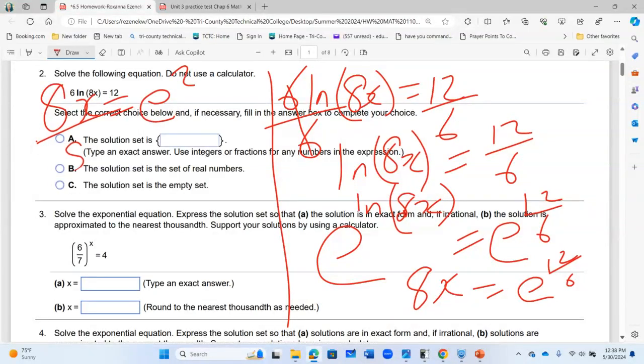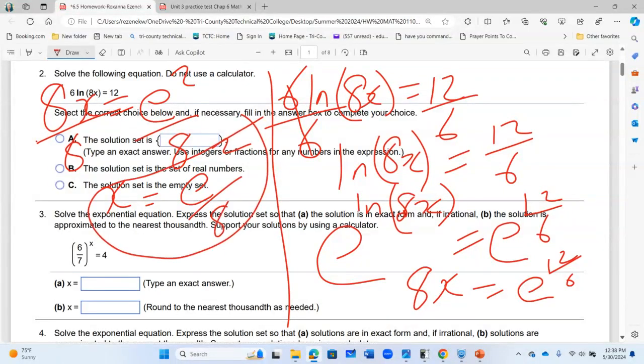Divide both sides by 8, and x is equal to e squared over 8. I can leave my answer like this, or if I'm told to simplify, I put it in my calculator.